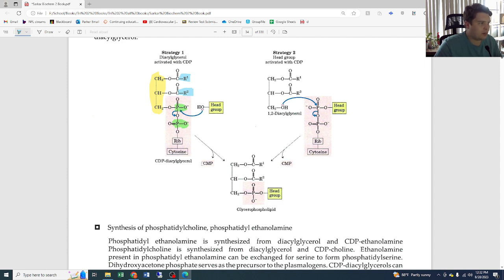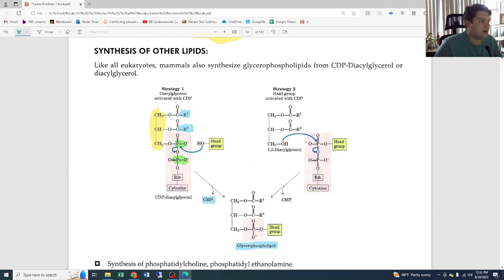Okay, we can come out here, we can make CMP, we can make a glycerophospholipid, all that sort of stuff. So we have the diacylglycerol being activated with CDP. This right here is going to be our CDP.